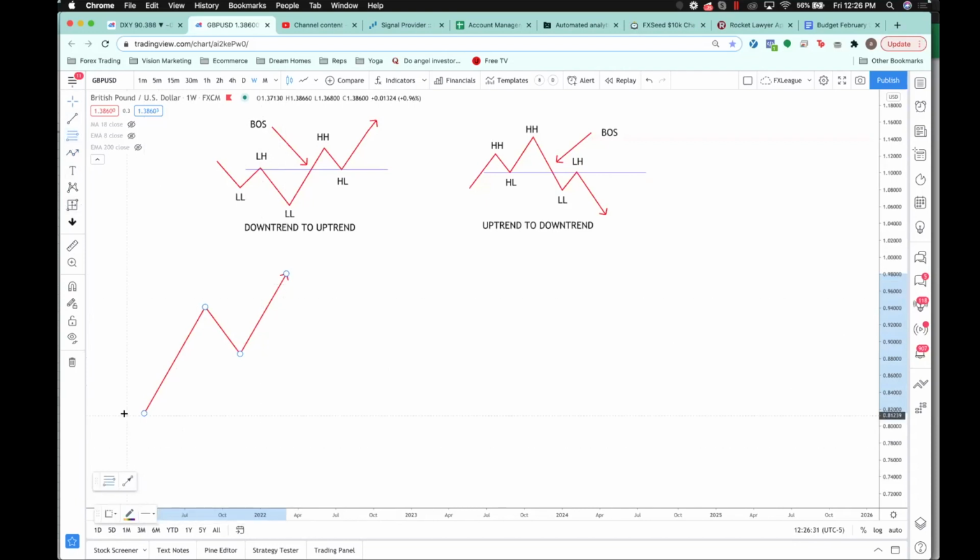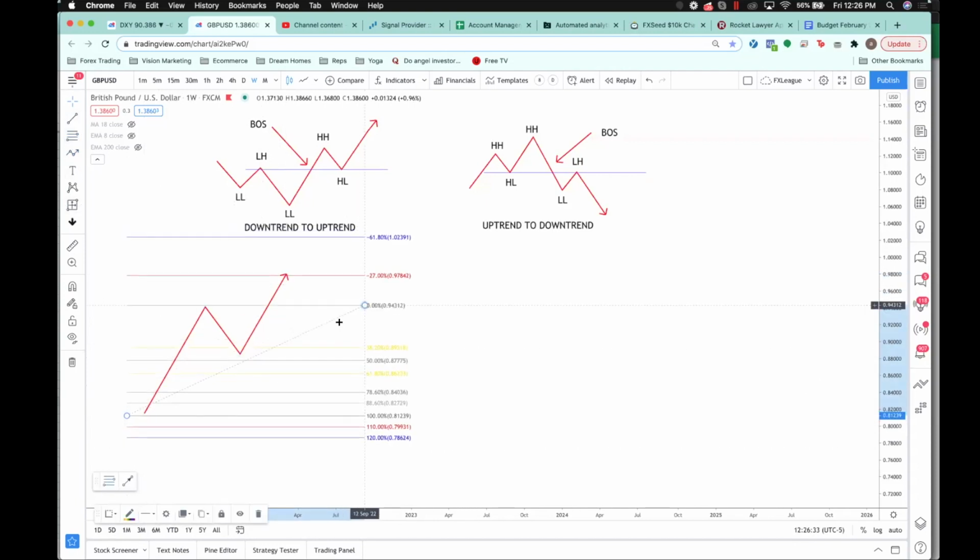I would fib from this low to this high, and I'm saying, okay, until price meets 38.2, we are not forming structure. I don't even have my 23.6 on here anymore. Some people do. But until we hit this 38.2 level at least, this is not a significant enough pullback to denote it as structure.